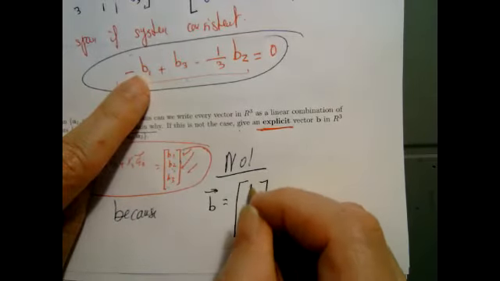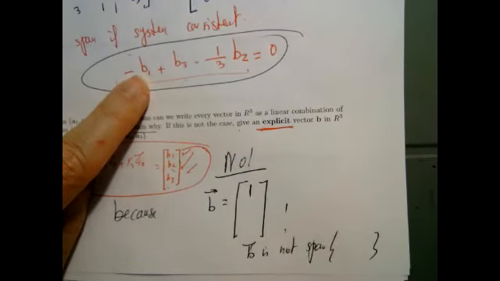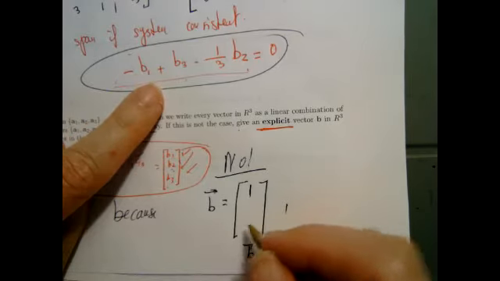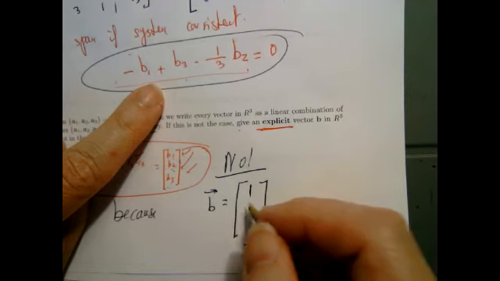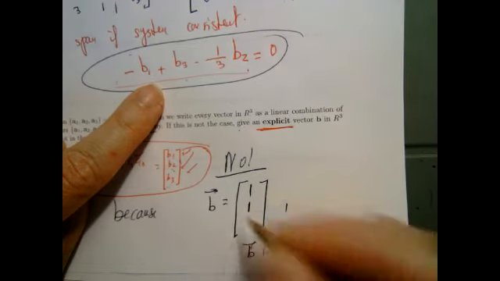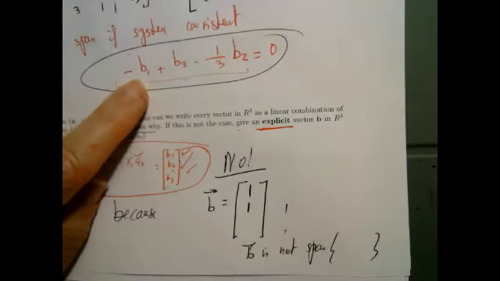Suppose I take B1 to be 1, and I pick, I don't know, B2 to be 1. What shall I pick for B3 so that this condition is not satisfied?